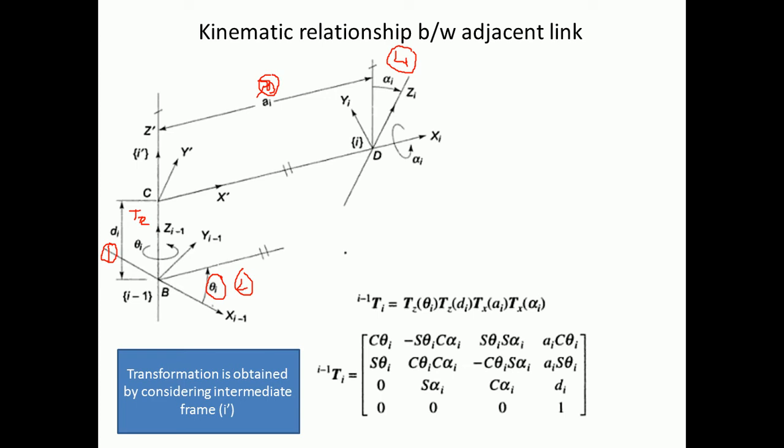Next, this is a common normal. So what is a common normal? The common normal is the shortest distance between two adjacent links, and it should be perpendicular to both links.